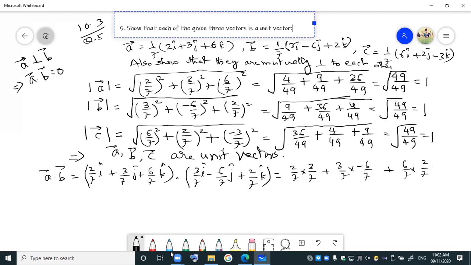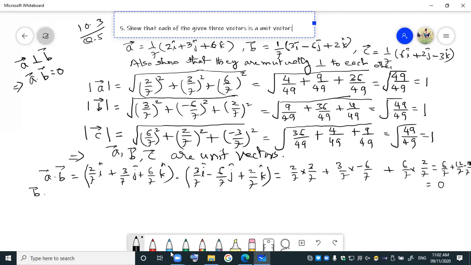That is 6 by 49 minus 18 by 49 plus 12 by 49, so 6 plus 12 is 18, minus 18, and this will be equal to 0. So this shows A is perpendicular to B.